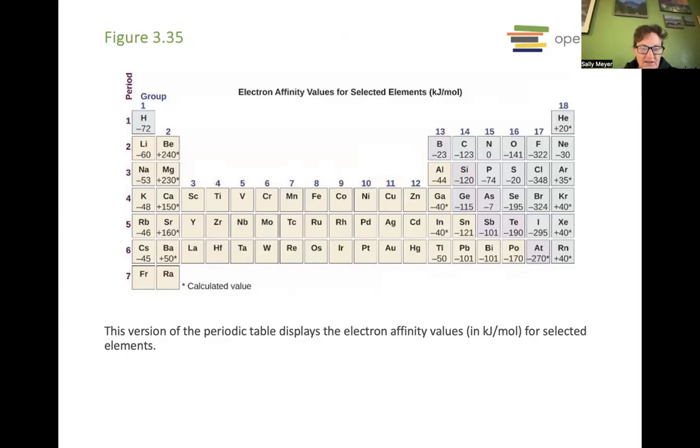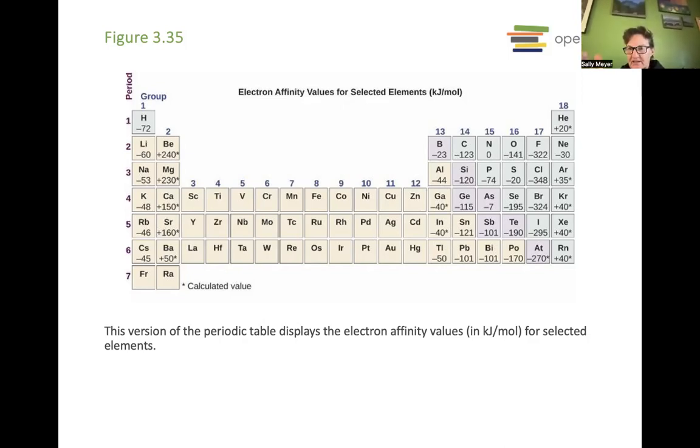So the ones that are positive are the ones that are least favorable. The ones that are negative give you the most energy out. So if you look at group 17, they all have very high negative electron affinities because they're going to take an almost full shell and make it full.